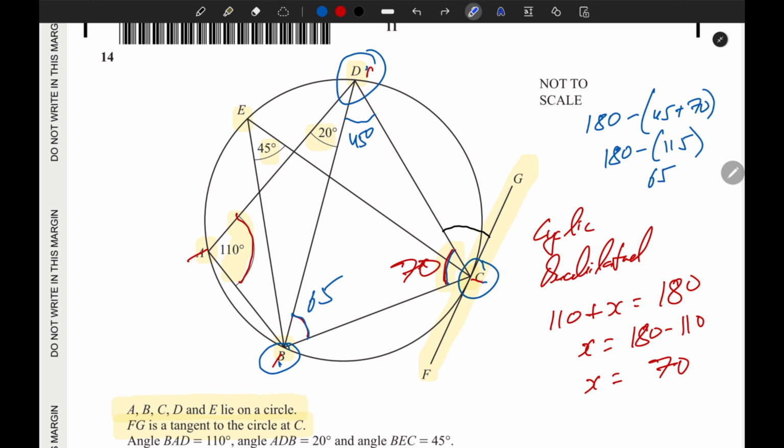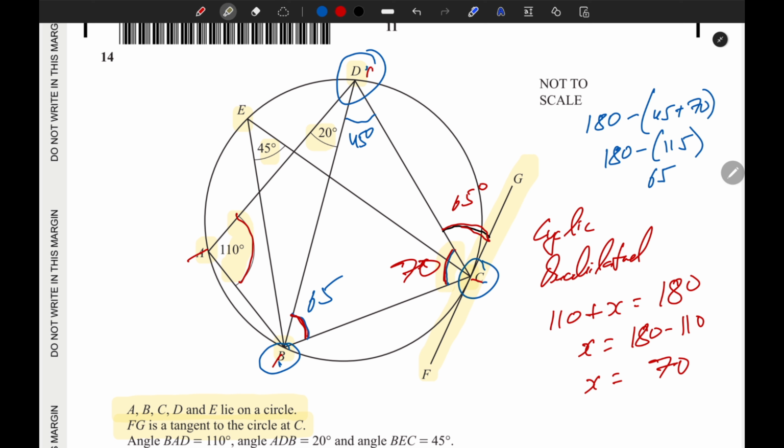Now I am changing the pen to red. If you look, this angle will be equal to this angle, 65 degree. Why? Because they are the angles in the alternate segment. So this will also be 65 degree.